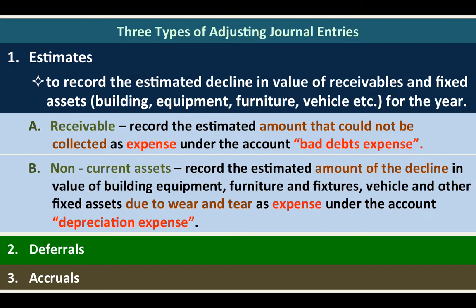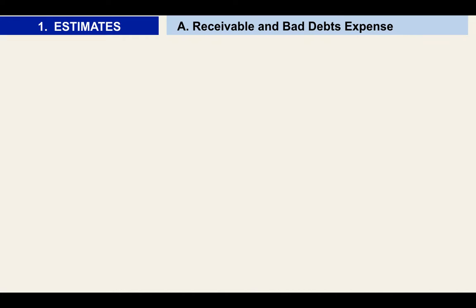And yung decline in value, ang tawag dyan is depreciation. So we will compute the depreciation, and then record the decline in value as depreciation expense. Okay. We will do an illustration on receivable and bad debts expense.